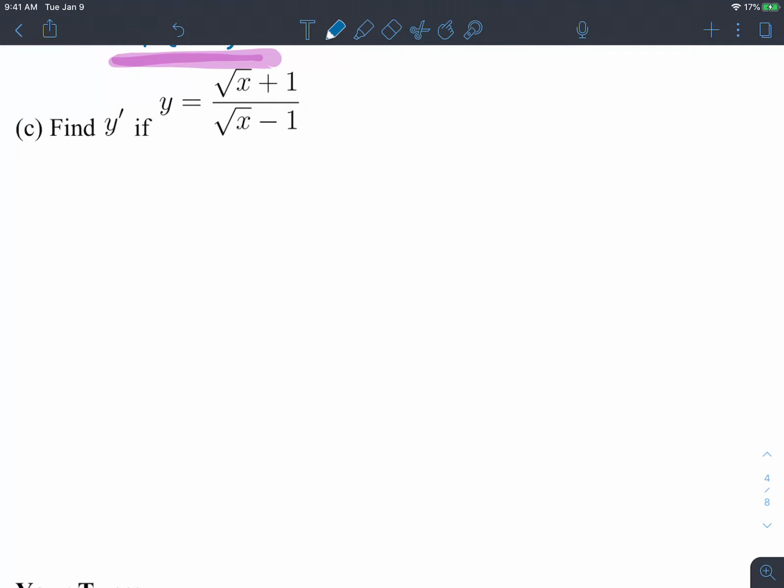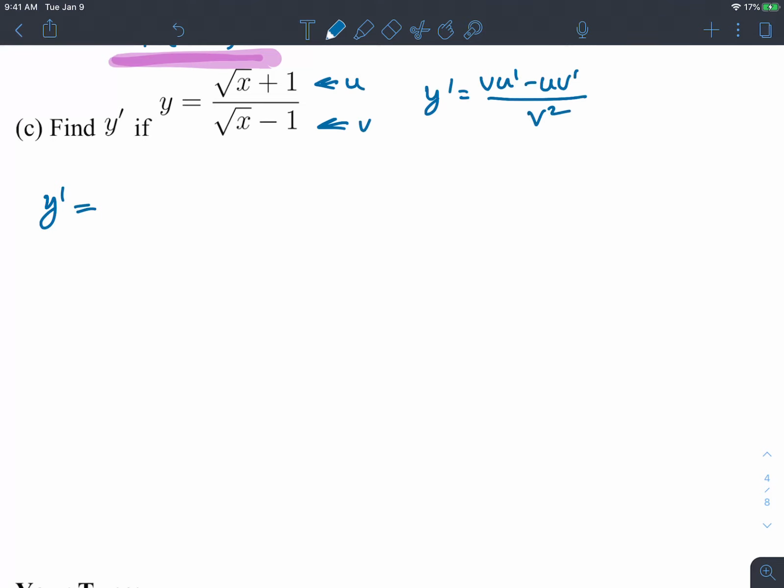Once again, this is a u, that is a v, and y prime is the v shape over v squared pattern.